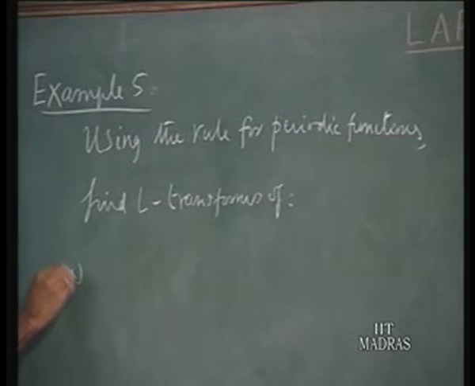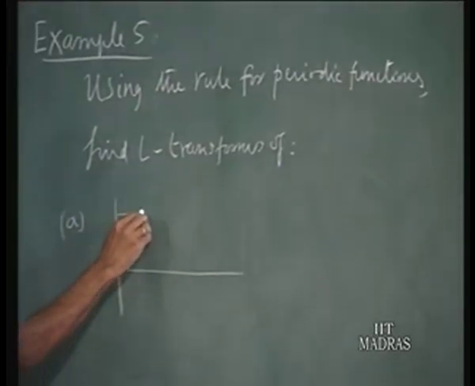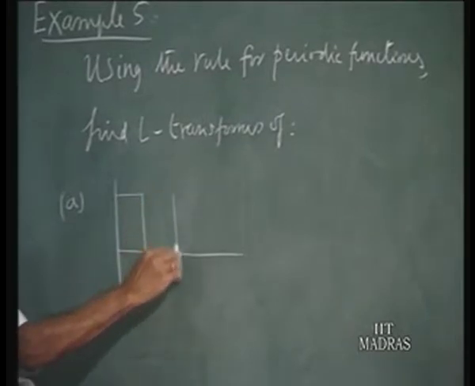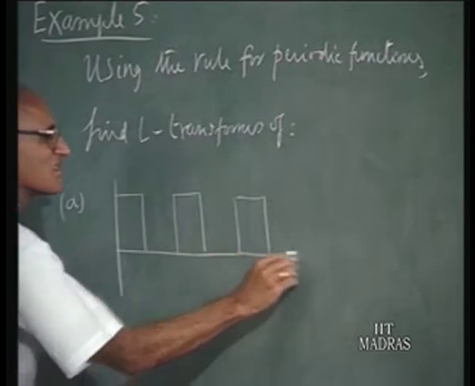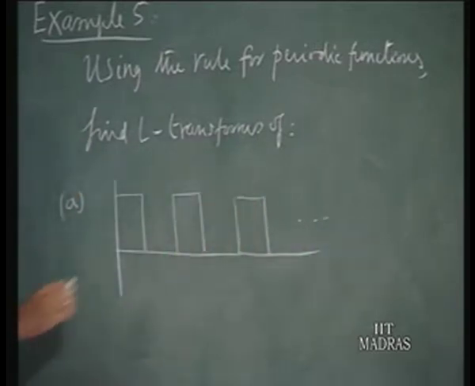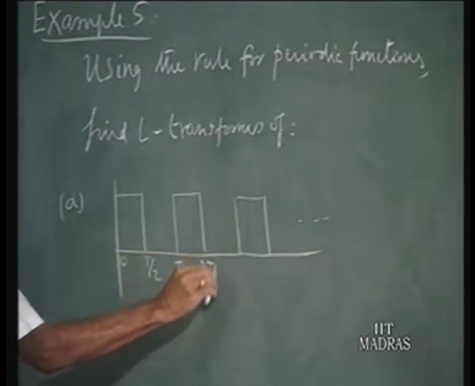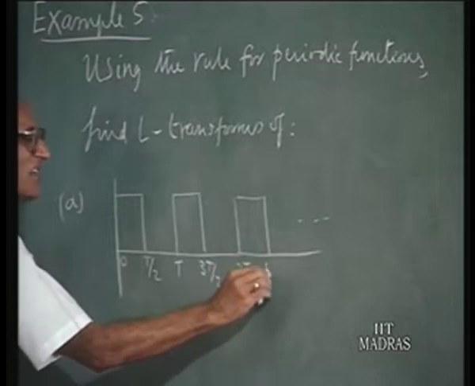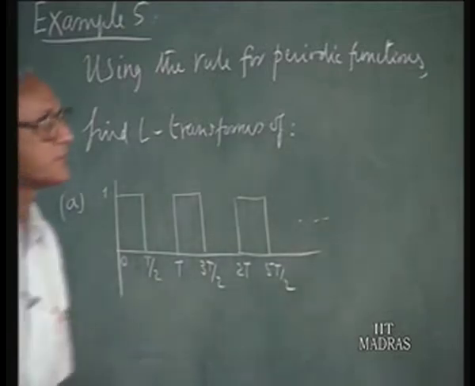A, a pulse train like this, that goes 0, T upon 2, T, 3T upon 2, 2T, 5T upon 2, etc., with a unit amplitude.